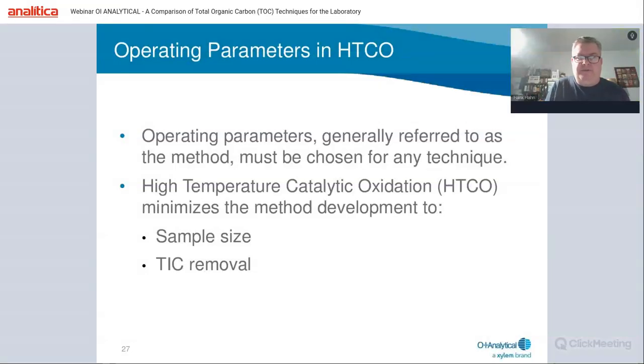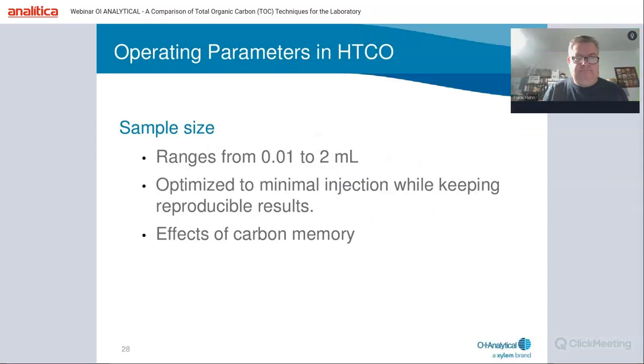With the operating parameters for high temperature combustion, this method minimizes method development to sample size and TIC removal. The sample sizes range from 0.01 to 2 milliliters, and that's optimized for minimal injection while keeping reproducible results and limiting the effects of carbon memory.